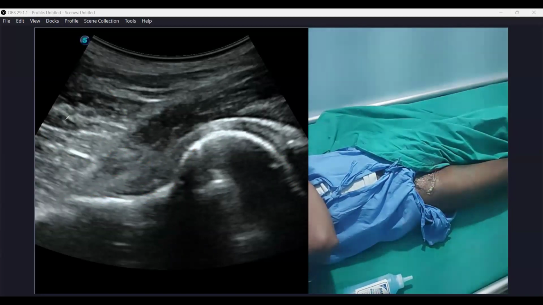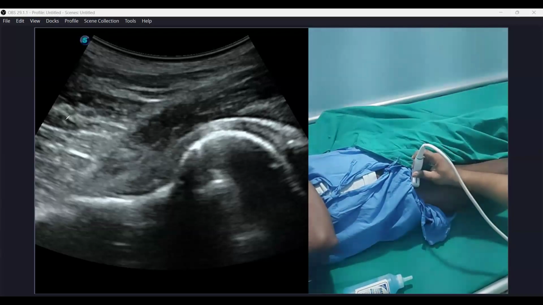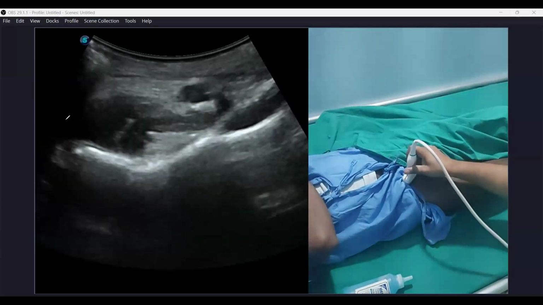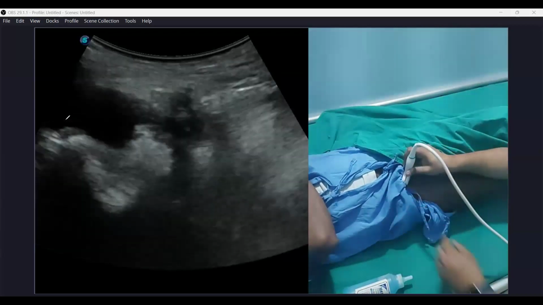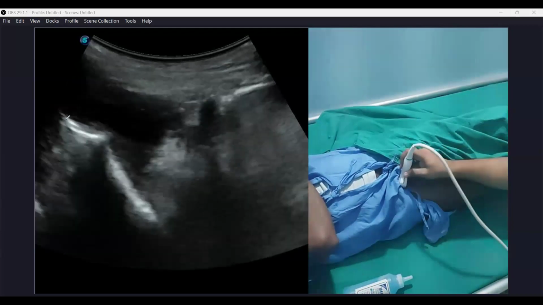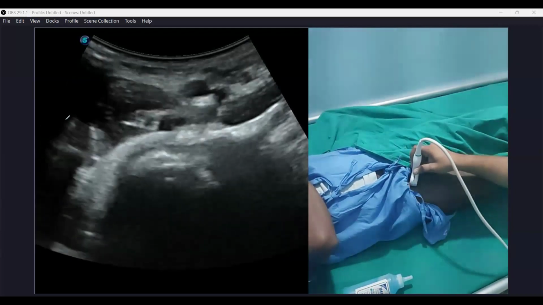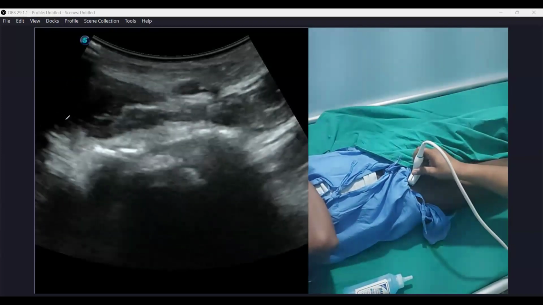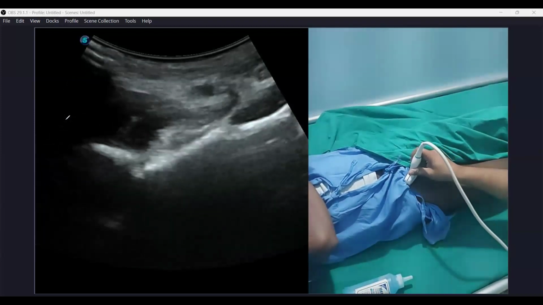And the pink block I have already shown you once, but again I am repeating. For the pink block, what will we do? We will first again focus over the head. We'll try to find out where the head is. Okay, here is the head. Now we are changing the probe direction and going slightly up.